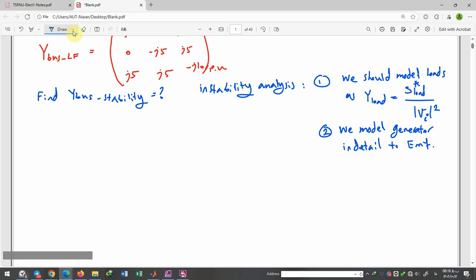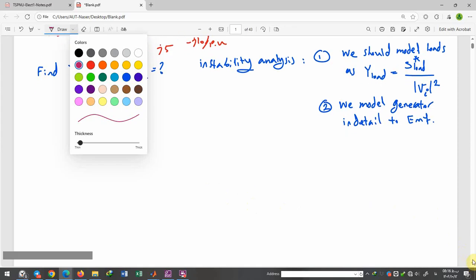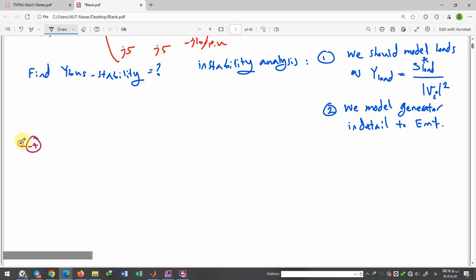So if you want to model that power system, we have to write the EMF of generator 1 as E1 prime.